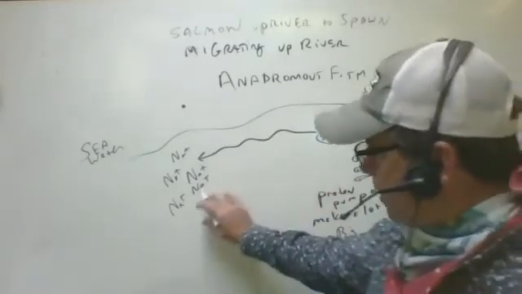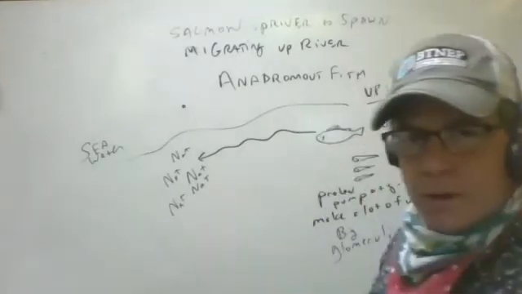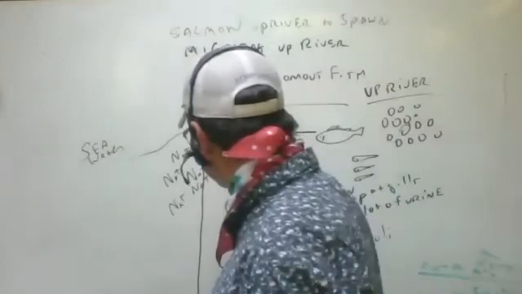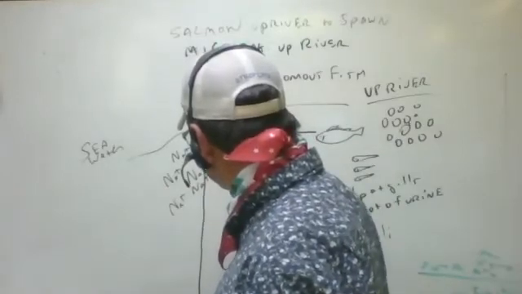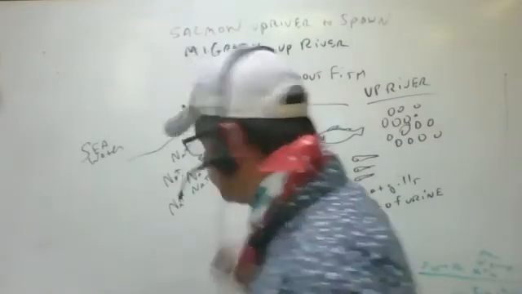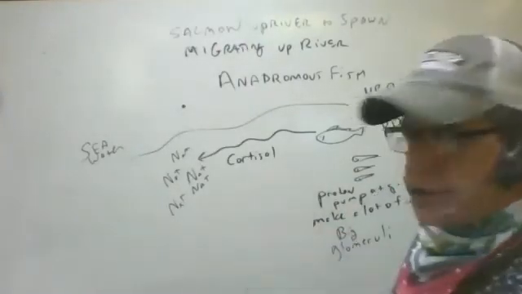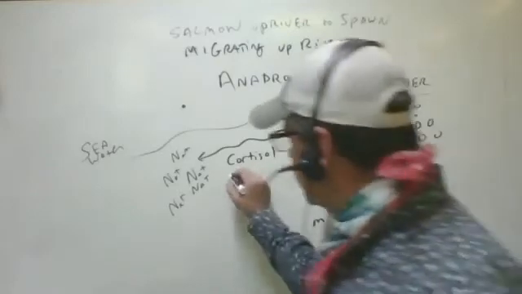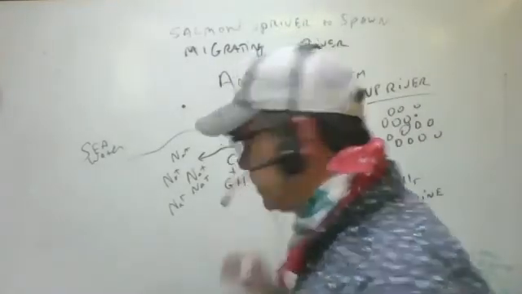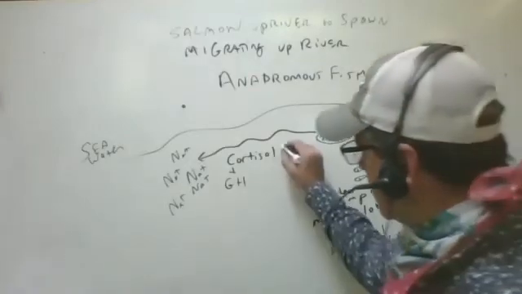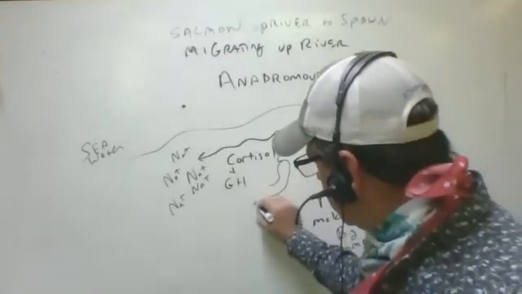As they get closer and closer to the salt, you have an endocrine difference. One difference is that cortisol is released. Cortisol is sometimes considered a stress hormone. It's released from the adrenal cortex, and growth hormone is released. Growth hormone comes from the anterior pituitary. Both of these have an effect on the gills.